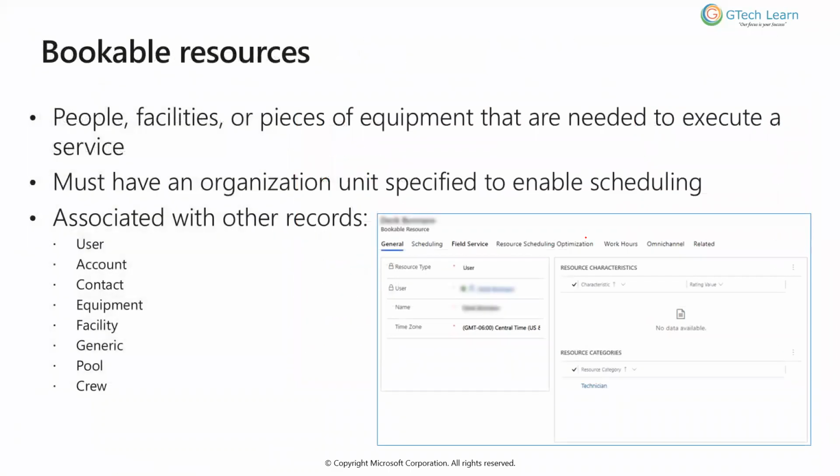Now the next thing we have in the line is the bookable resource. The bookable resource is also an option we need to study. It represents information about people, facilities, and equipment which can be utilized to book any kind of schedule against a work order or a case.